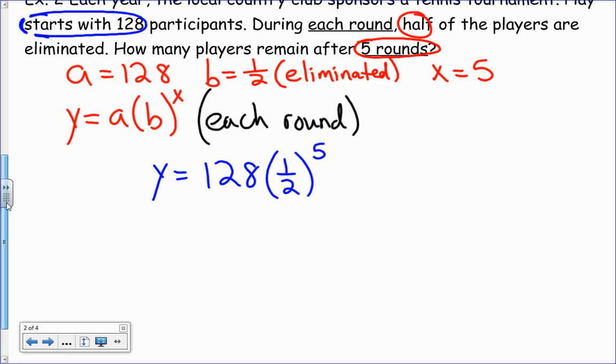Again, each round, that means that the t value would be 1. So if you put 5 over 1, it's not going to change it. All right? Now, when you punch it in your calculator, remember to get this fraction of 1/2, you could put 0.5 in the parentheses. That would be fine. But to get that fraction of 1/2, you need to hit Math, left, Enter. And once you type this all in, it results in 4 players.